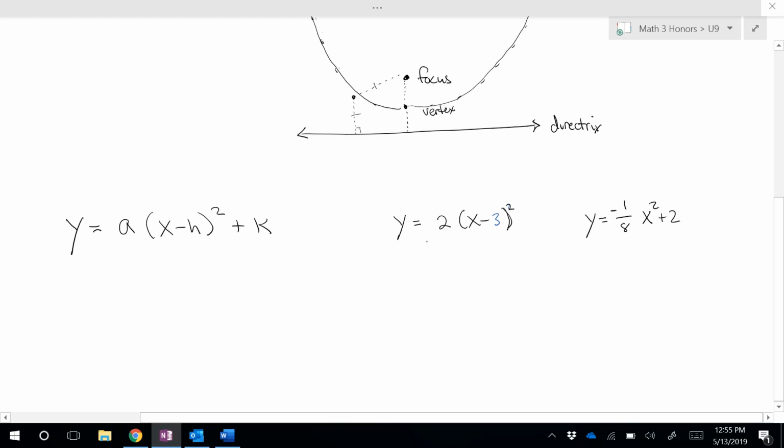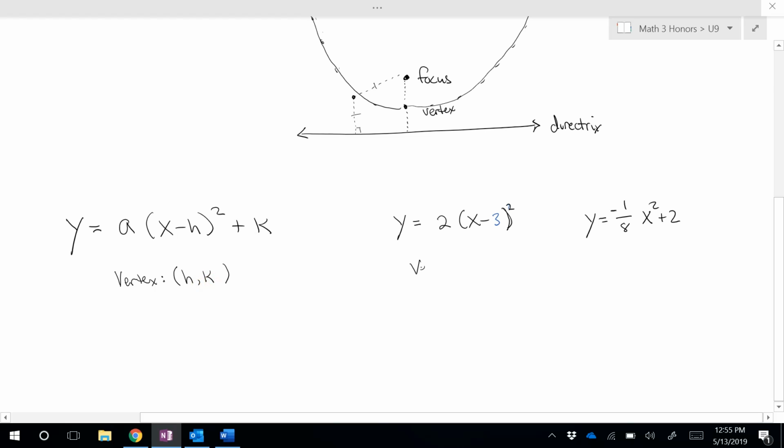In general, if this is our general form, what's our vertex going to be? You remember that? Vertex is a point, so you need an x value and a y value. It's h comma k.